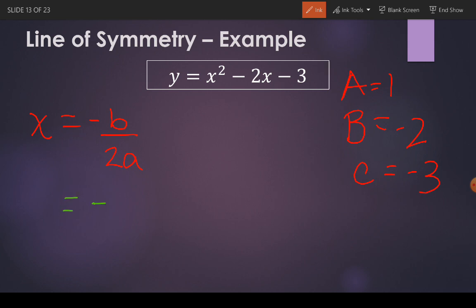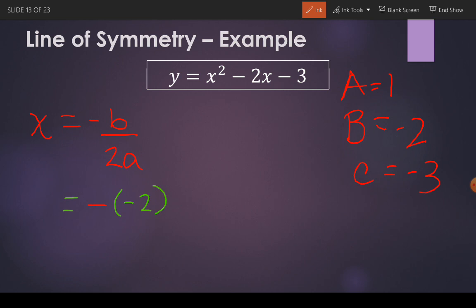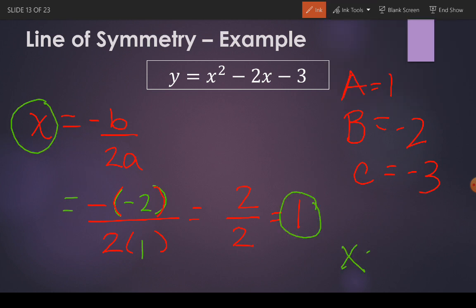We'll have negative, and let's make this negative red because that's actually a part of the formula, and then we plug in our b value, negative 2, over 2 times our a value, which is going to be 1. So this simplifies to a positive 2 over 2, which is 1. So it tells us that our x value is equal to 1. So the line of symmetry is going to be found at x equals 1.